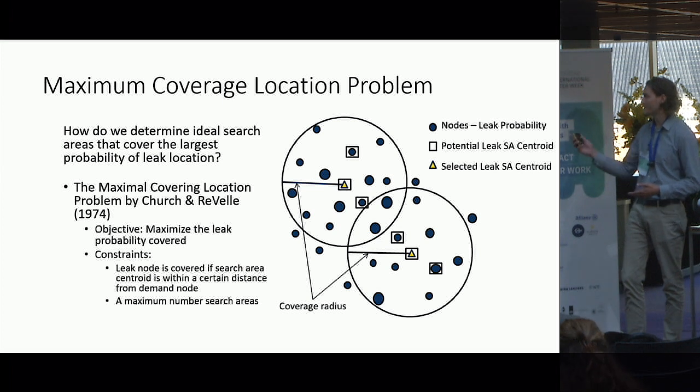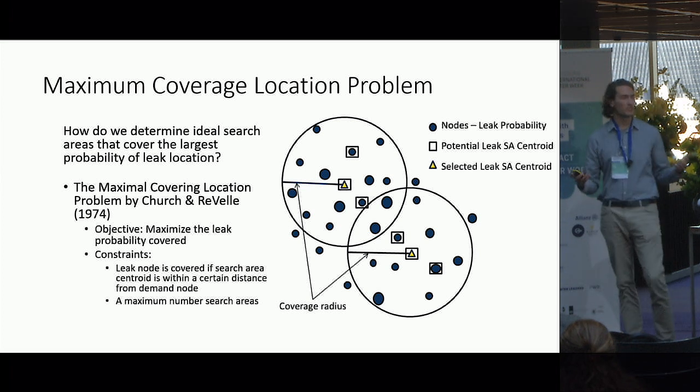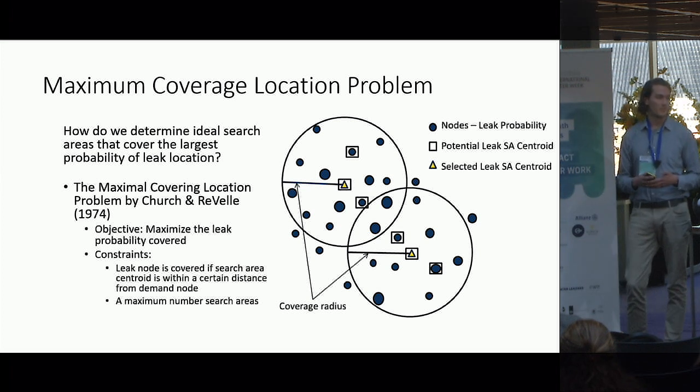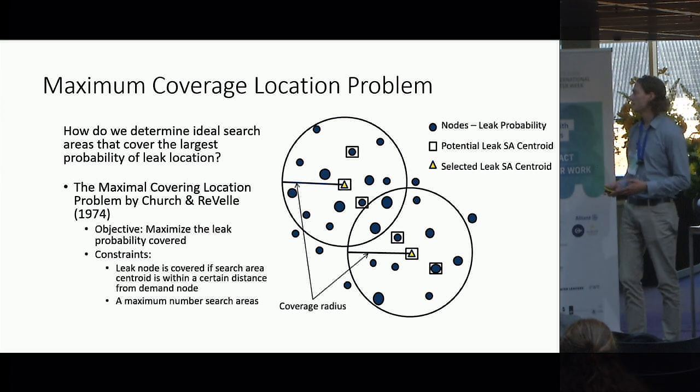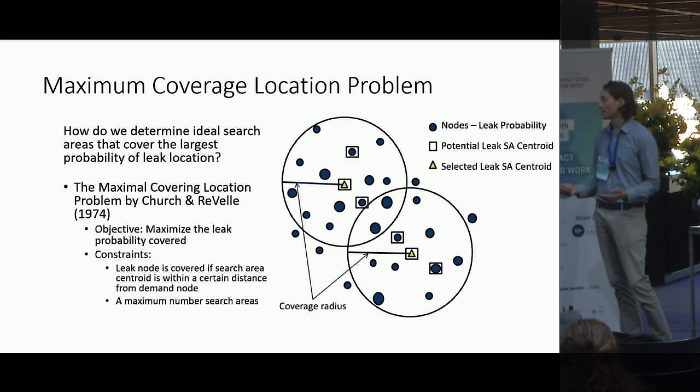And so here, this model might look a little bit difficult, but what you have is, if you use a machine learning model to predict the probability of a leak occurring at all nodes, that's a simple classifier model, since it puts out a 0 to 1 probability for those nodes. Then what you want to do is maximize the coverage with a specific area.